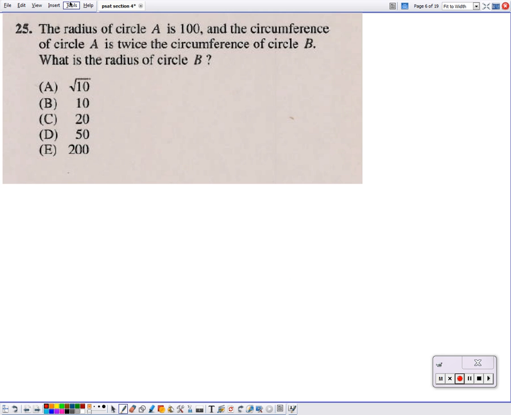Question 25. The radius of circle A is 100. And the circumference of circle A is twice the circumference of circle B. What is the radius of circle B? Well, we know that the circumference of circle A, so I'm going to call that C sub A, equals twice the circumference of circle B. I'm going to call that C sub B. Now, I know that the circumference of circle A is 2 pi r.